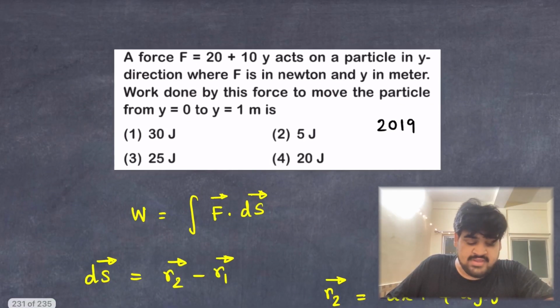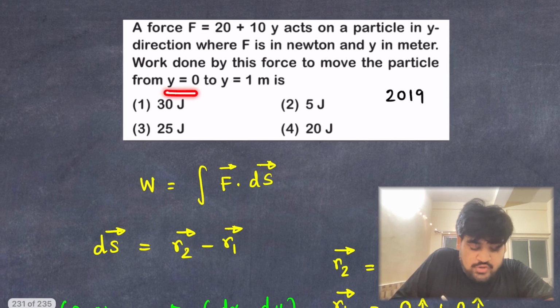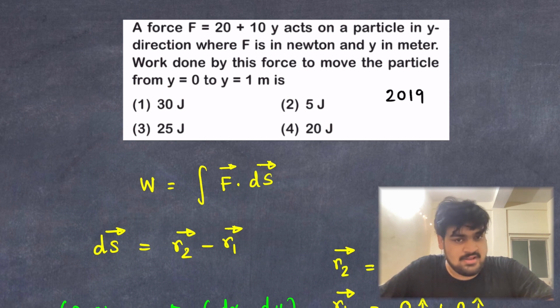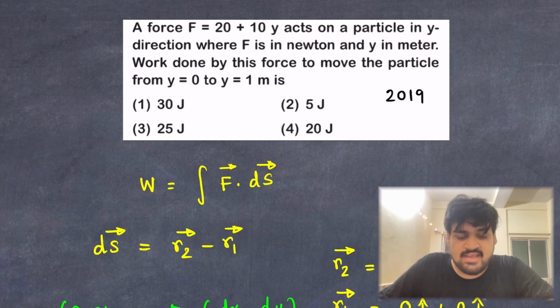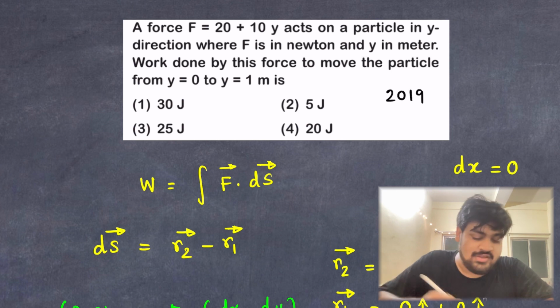Over here see that the particle is actually moving from y equal to 0 to y equal to 1. What does it tell? The particle isn't moving along the x-axis. So if the particle is not moving in the x-axis, the change in the position of the particle in the x-axis will be 0.